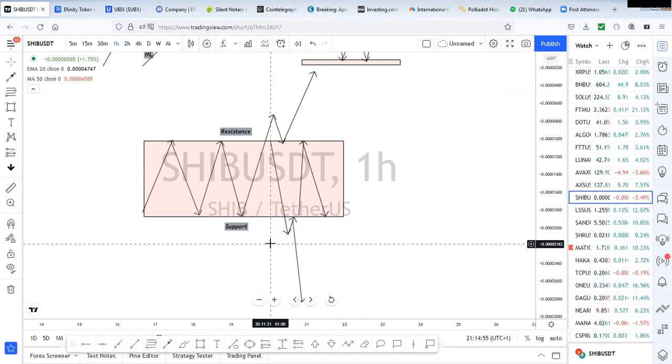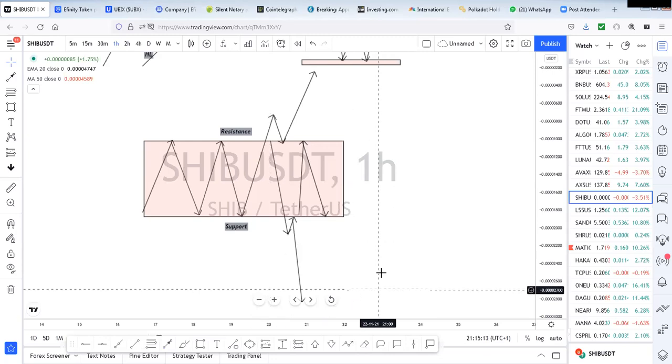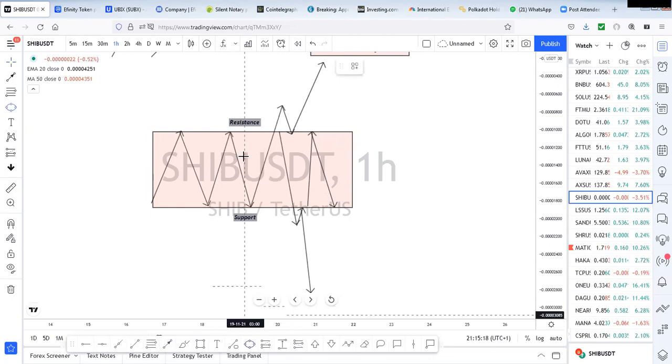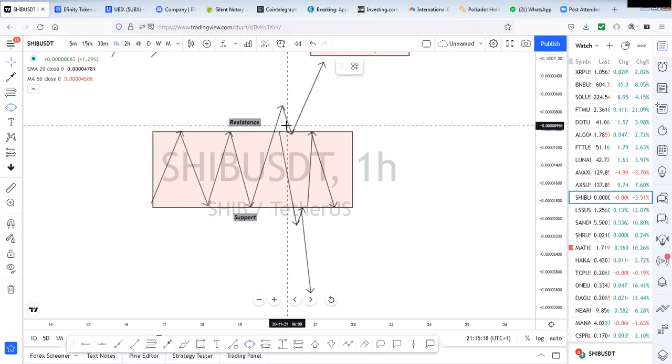So me personally, yes, the market will break out. You understand? Then the buyers will have control over the market, or the market will break down, will break out from the downside. Then sellers will take over. So what I normally advise is that I don't trade ranging markets.